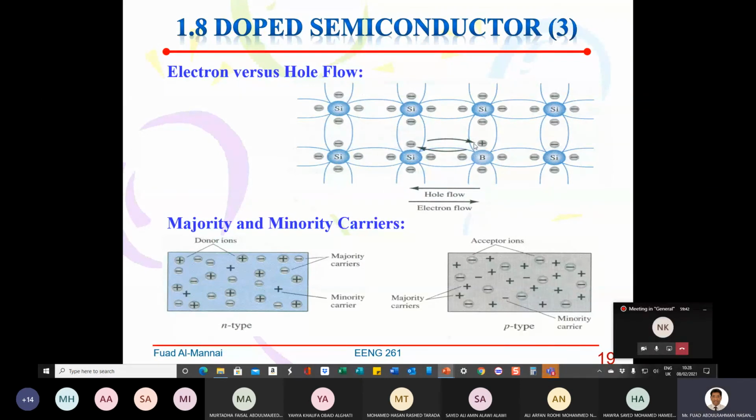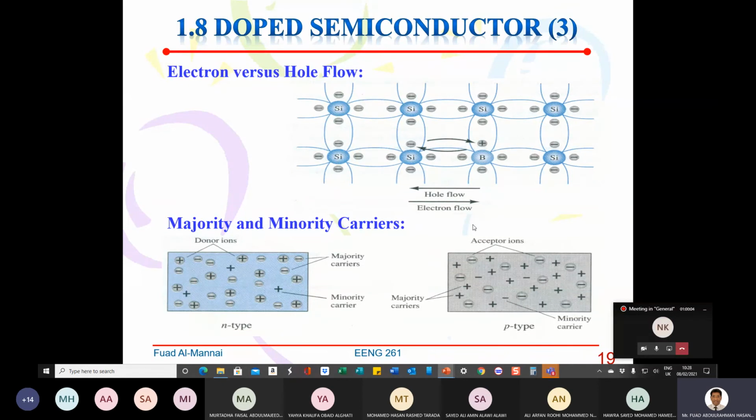Now the holes move, say for example to the right, and the electrons move to the left, or vice versa.